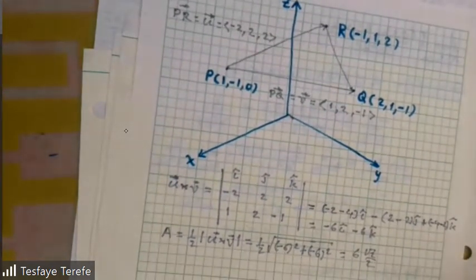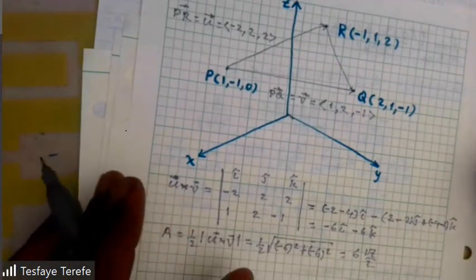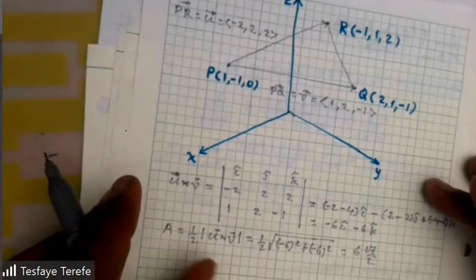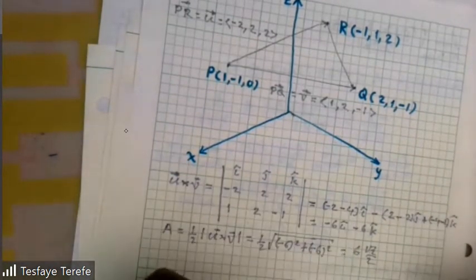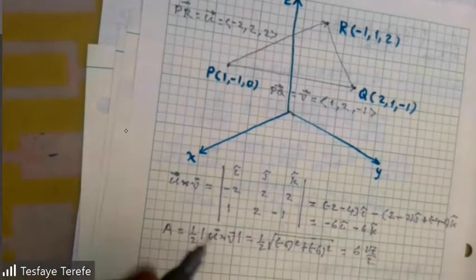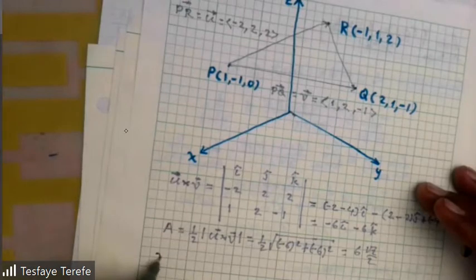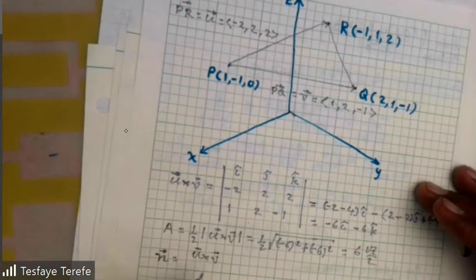And now we are asked to find the unit normal, because you see this vector is actually in the direction of the orientation showing you this one, but can we make it a unit vector? Well, the unit normal is going to be u cross v divided by the magnitude of u cross v.